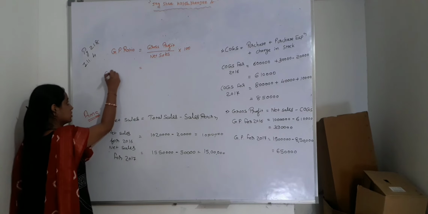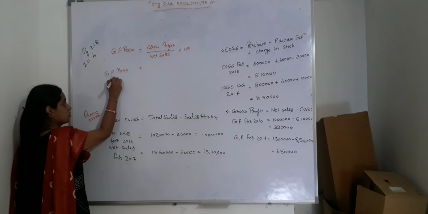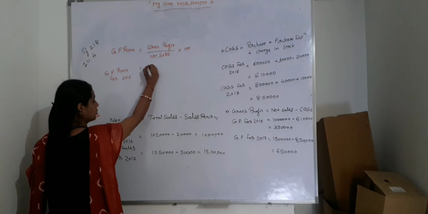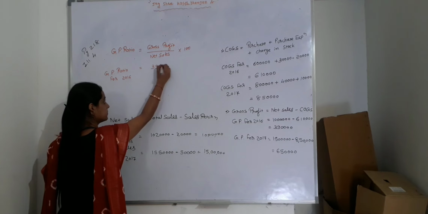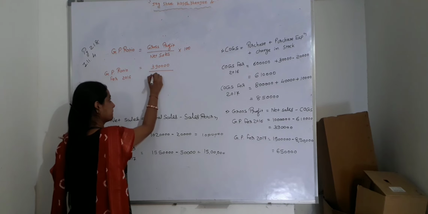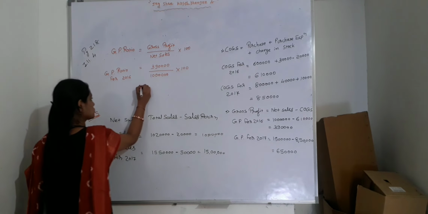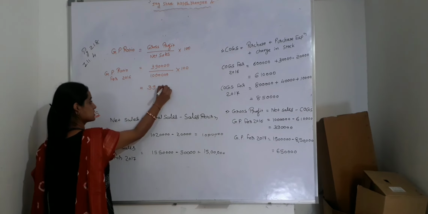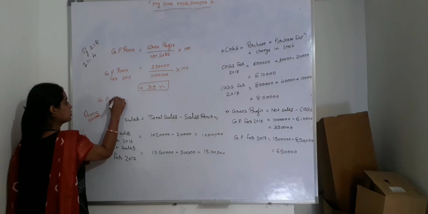So GP ratio for 2016, gross profit is 3,90,000, net sales 10 lakh into 100. So GP for 16 is 39%.